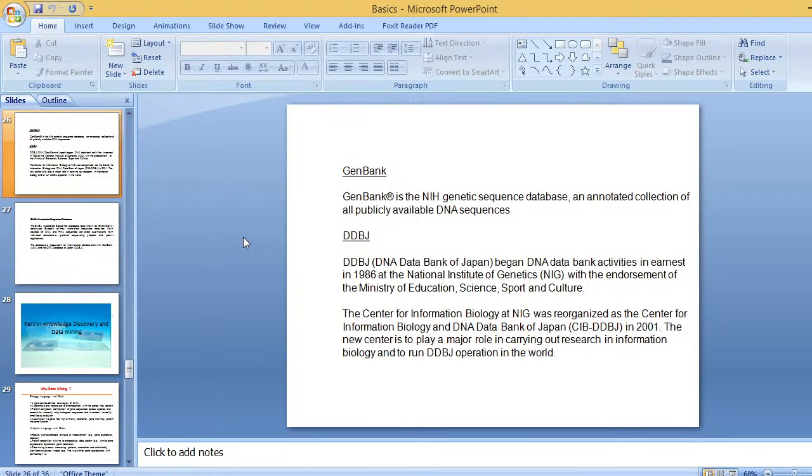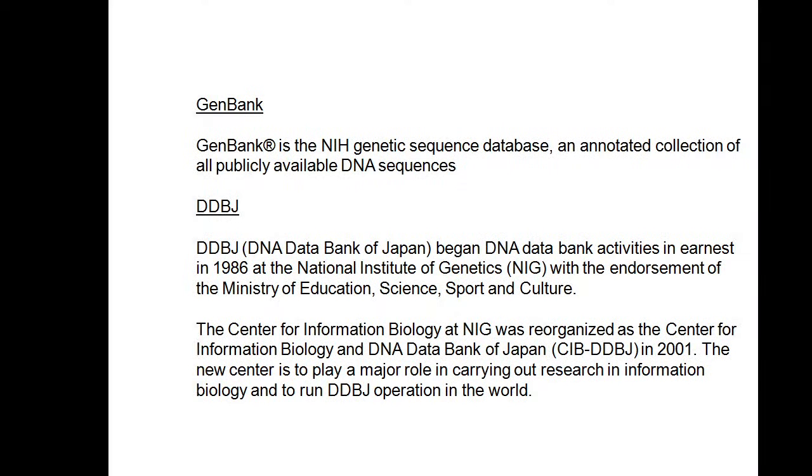It is GenBank. GenBank is the NIH genetic sequence database, an annotated collection of all publicly available DNA sequences. DDBJ, DNA Data Bank of Japan, began DNA data bank activities in earnest in 1986 at the National Institute of Genetics with the endorsement of the Ministry of Education, Science, Sport and Culture.